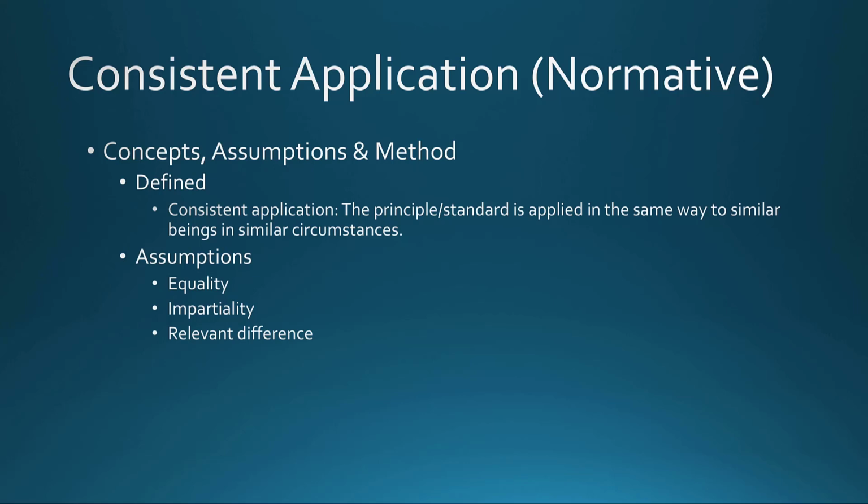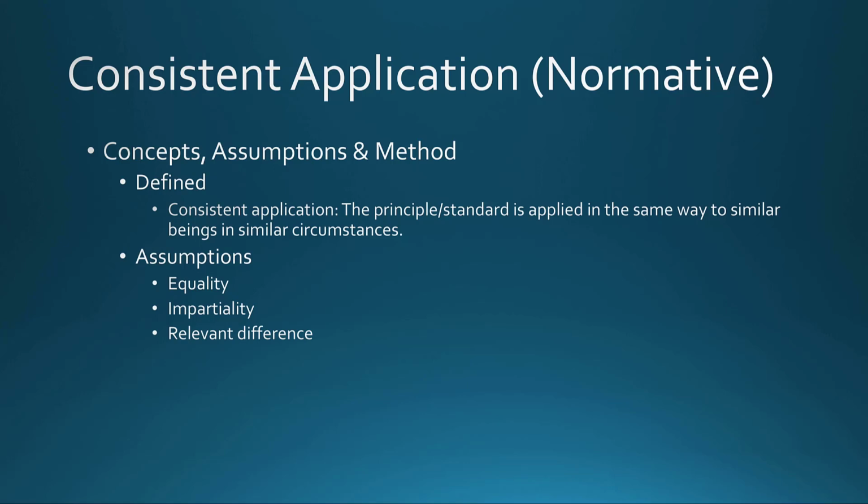Secondly, impartiality. This is the assumption that morality must be impartial, and this would require consistent application of standards and principles. Otherwise, obviously, if one was inconsistent, one would be partial, one would be biased. And so inconsistent application would be by definition non-impartial.